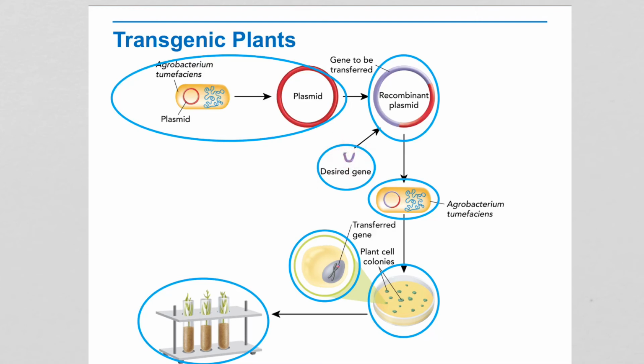So for a country that might not have a lot of food, you can take a rice plant, add extra vitamin-producing genes into it, put it into the recombinant plasmid, pop it back into the cell, and now we grow these little individual plant colonies in a petri dish and eventually grow them to full length. And that would produce a plant that has the ability to make rice that has extra amount of vitamin A.